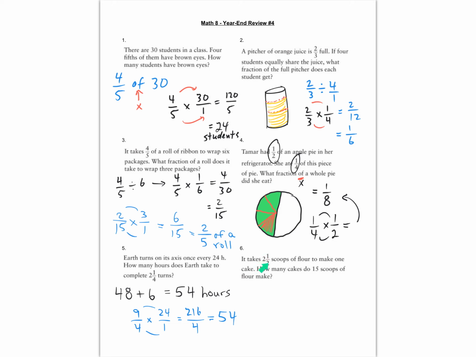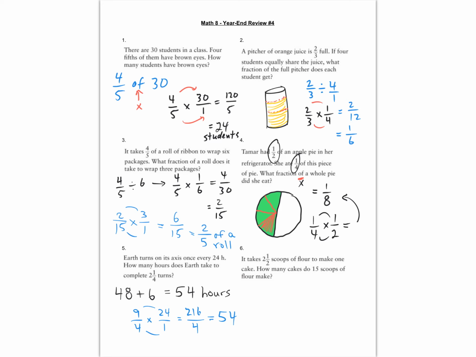Because 2.5 plus 2.5 is 5. So if it was 5 scoops, it would be 2 cakes. But we have more than 5, we have 15. So this is division. You could figure it out just by adding 2.5 until you hit 15, right? And you're going to do that 6 times. So the answer is 6, but if you aren't sure, here's how we do it with fractions.